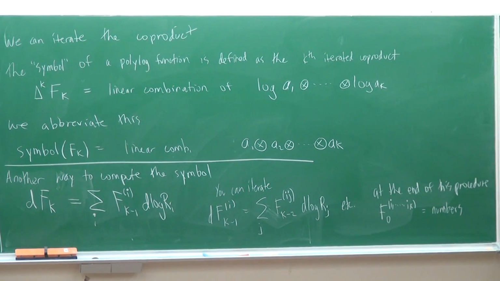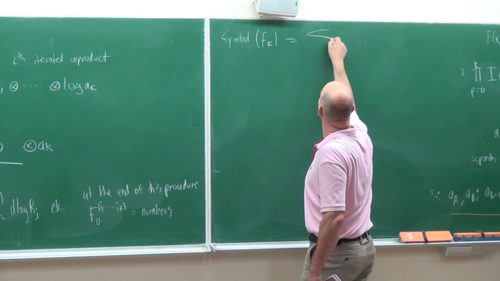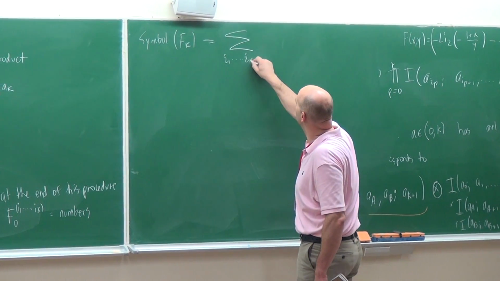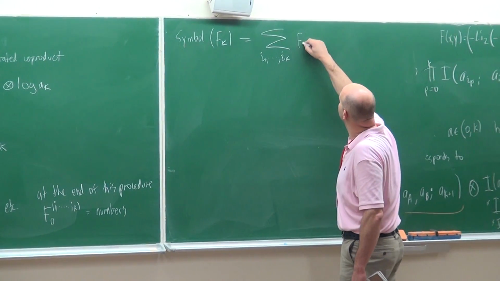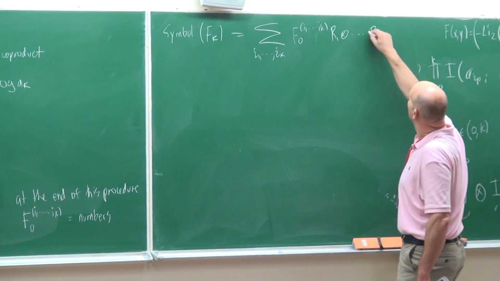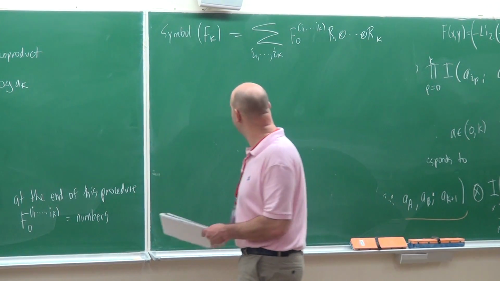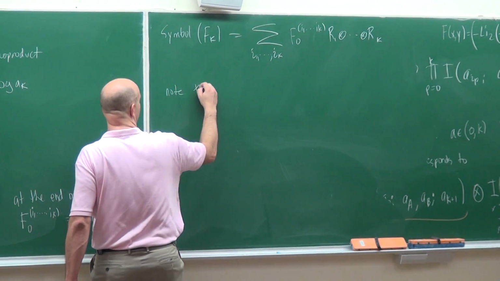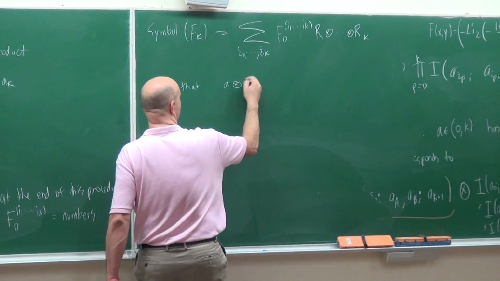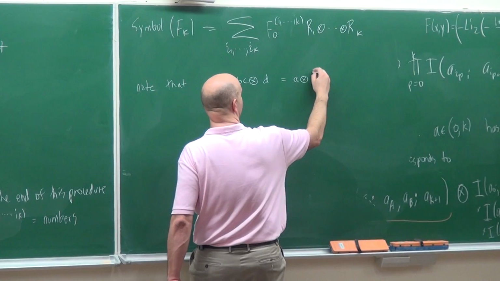And then the symbol of that function is defined as the linear combination. You sum over all these variables, you put these numbers. Okay. Now the symbol has some important properties. Note that, for example, it has a multiplicative property.